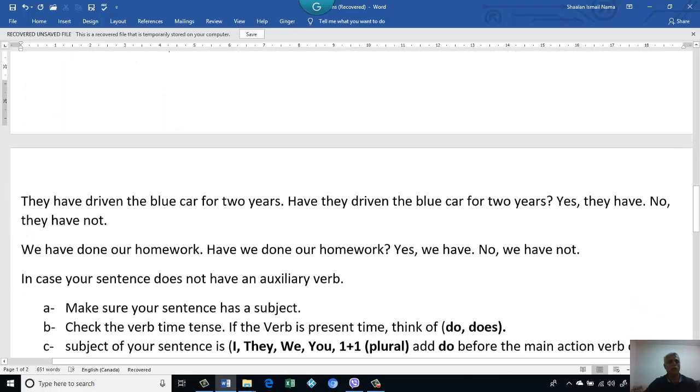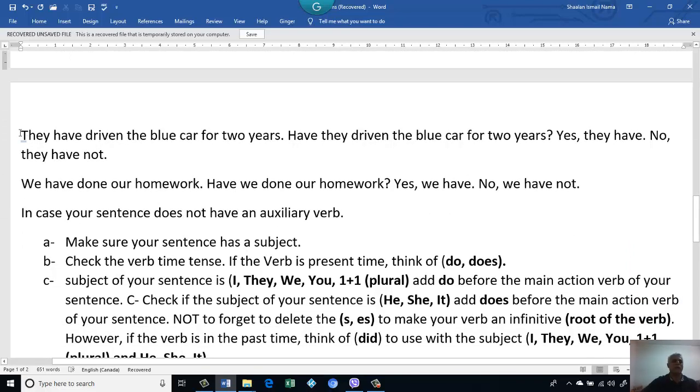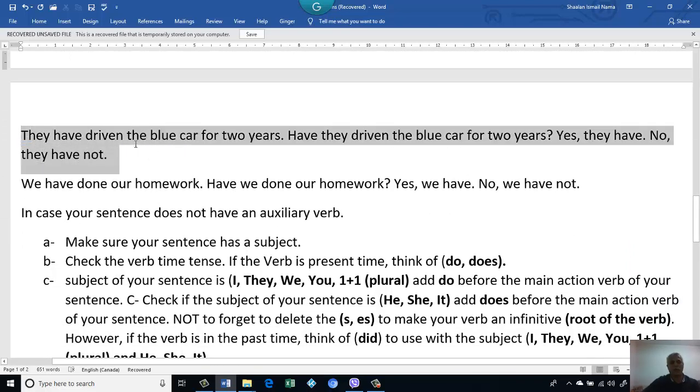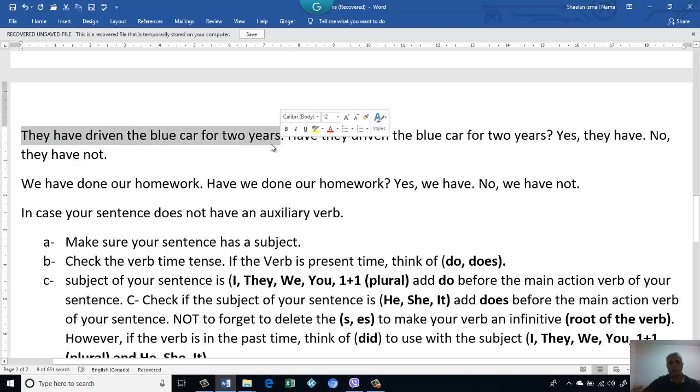Let's go to see this question. They have driven the blue car for 2 years. I have a subject. I have, which is the perfect time, as auxiliary verb.